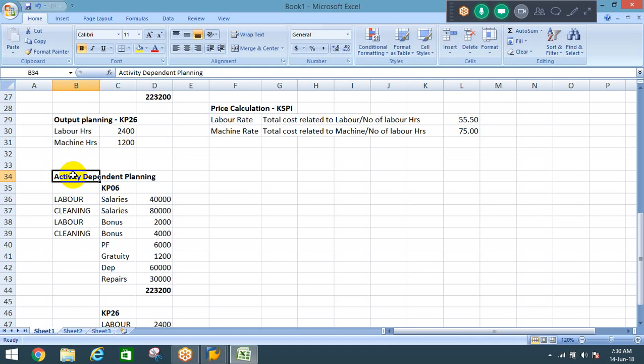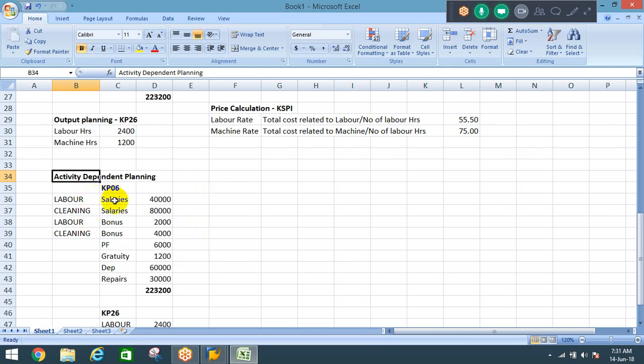Everyone will use activity independent planning. But if you go for activity independent planning, we are not getting the correct price. Is this understood? Why don't we use activity dependent planning?